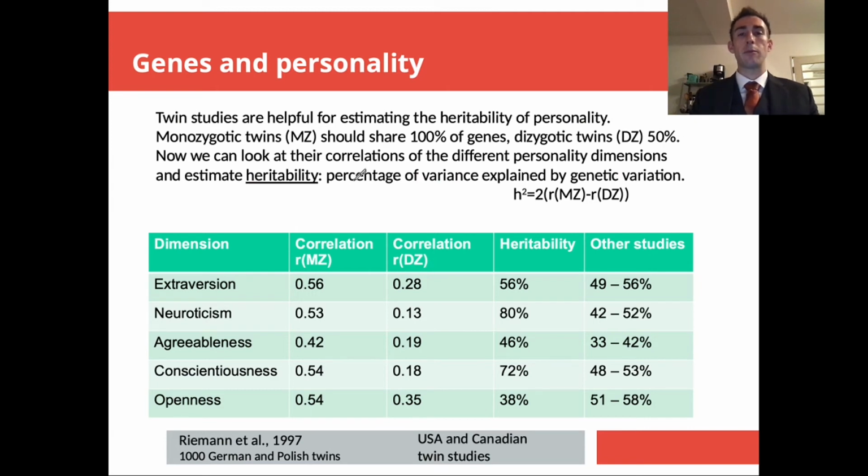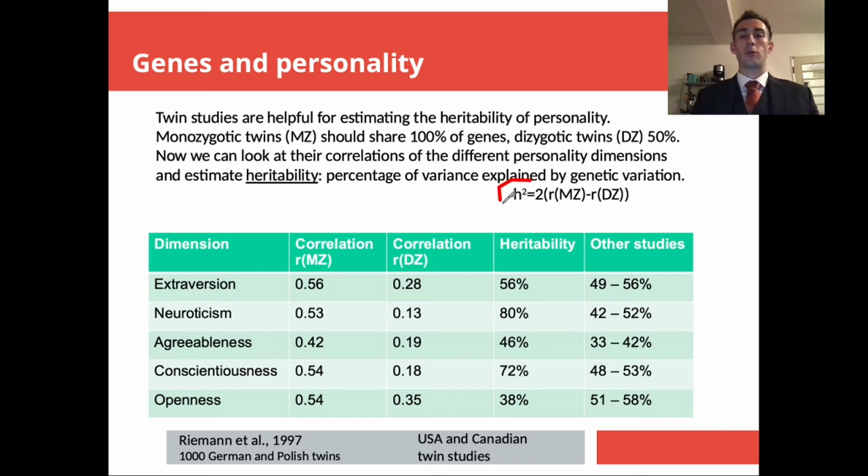So remember last time we looked at how heritable intelligence was based on comparison of monozygotic identical versus dizygotic fraternal twins. Remember, monozygotic twins share 100% of their genes. Dizygotic twins share 50% of their genes. So by looking at the difference in intelligence or personality traits, we can try to figure out how much of an effect the genes have on your personality traits.